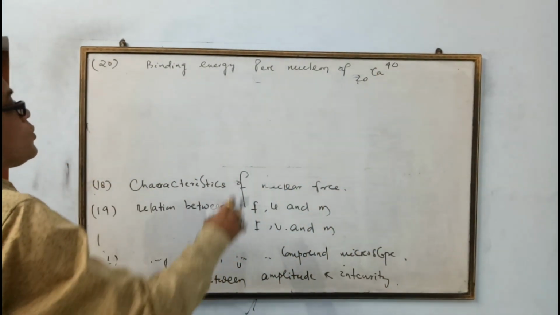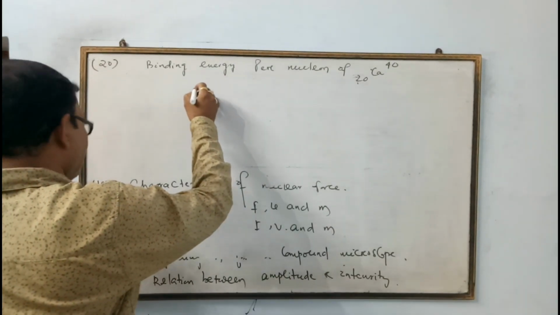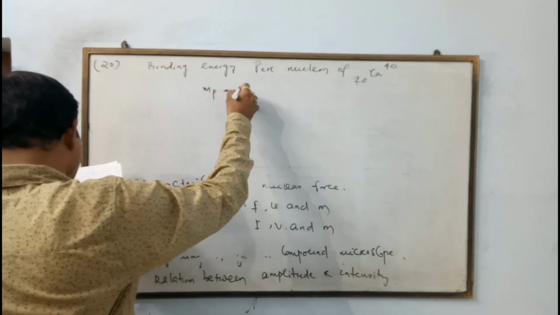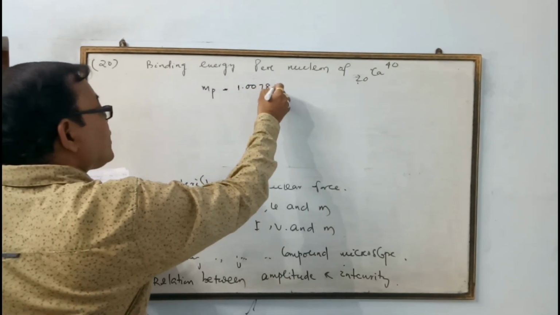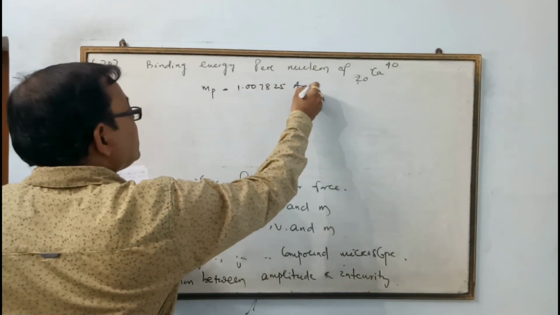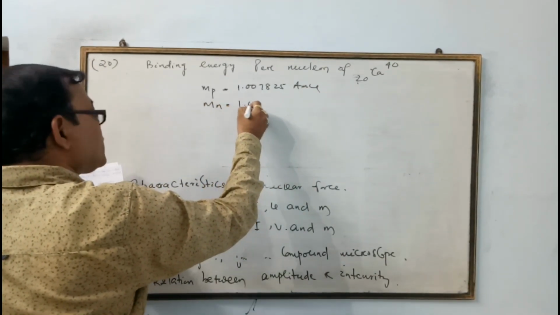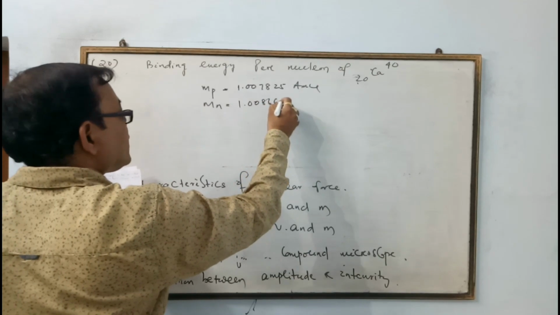For this, you must know the mass of the proton in AMU, that is 1.007825 AMU. Mass of neutron, let us take 1.008665 AMU.